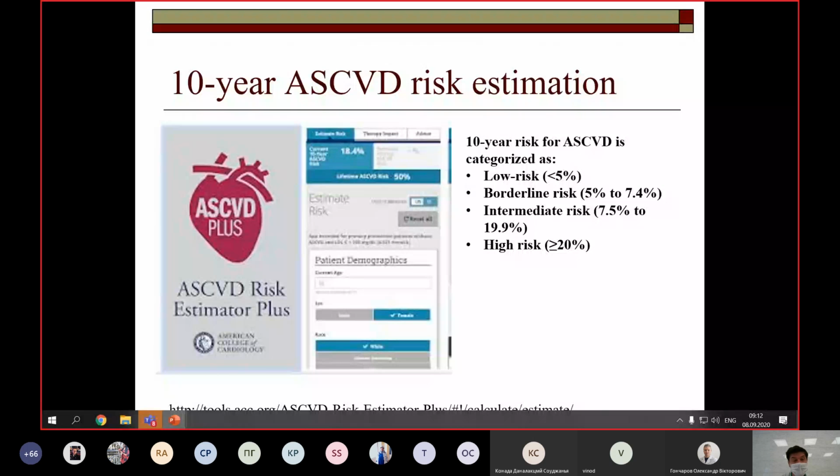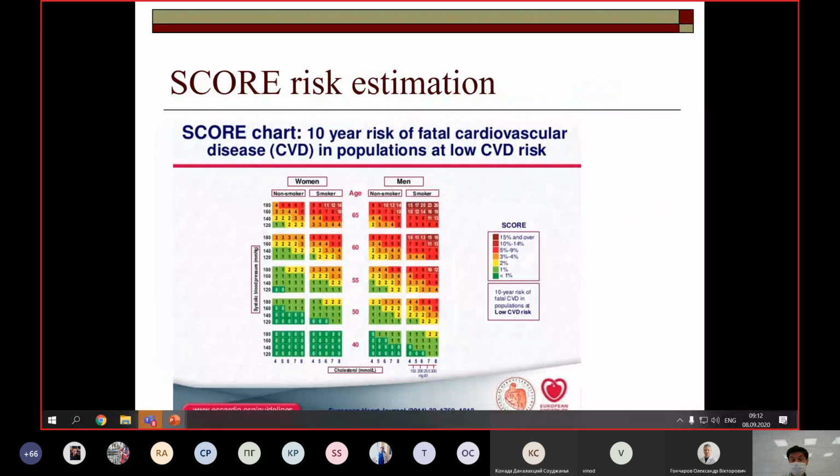They're absolutely free. In the European Union and Ukraine as well, we usually use the SCORE risk estimation in routine. In contrast to the previous Framingham risk assessment on the previous slide, the SCORE chart gives us the opportunity to calculate cardiovascular risk in patients aged between 40 and 65, men and women, not having diabetes mellitus.